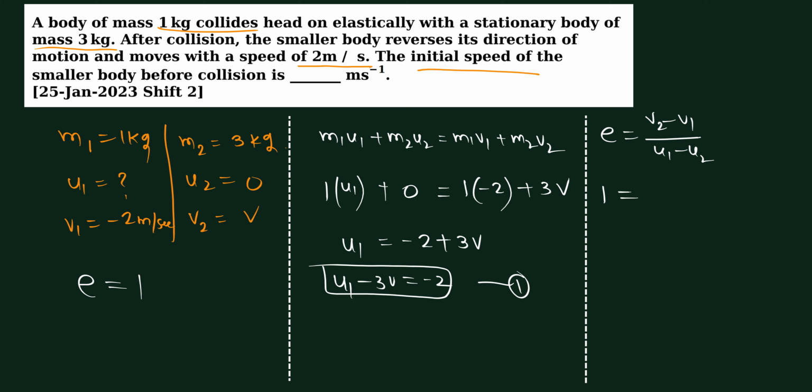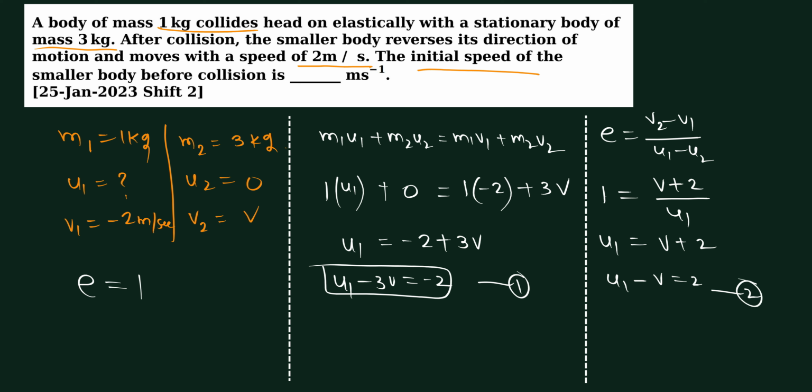That is 1, and v2 value, let us assume it is v. v1 value is minus 2, minus of minus 2 will become plus 2, by u1 minus u2. Okay, u2 value is 0, right? So u1 into 1 is u1, u1 equal to v plus 2. So v you take to this side, u1 minus v equal to 2. Let us say this is equation 2.